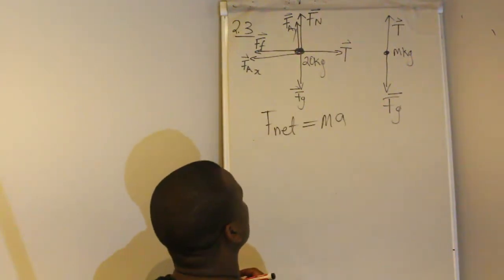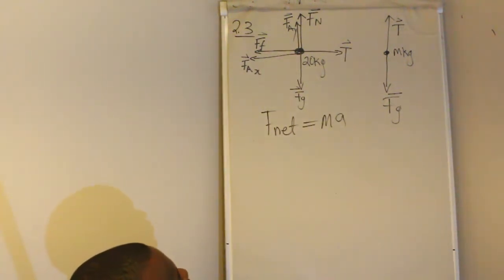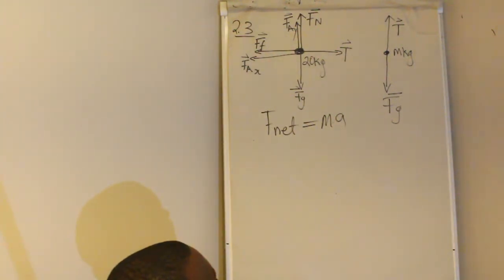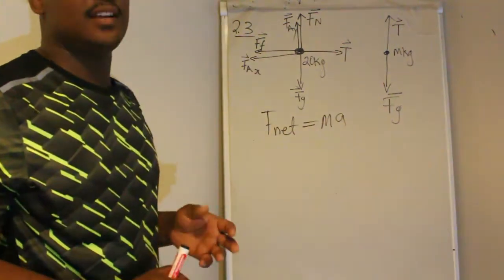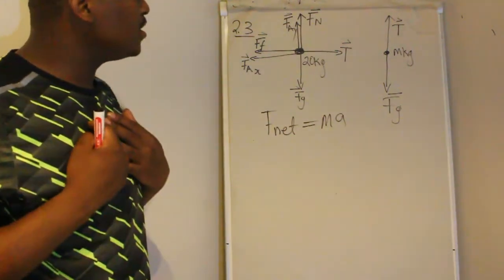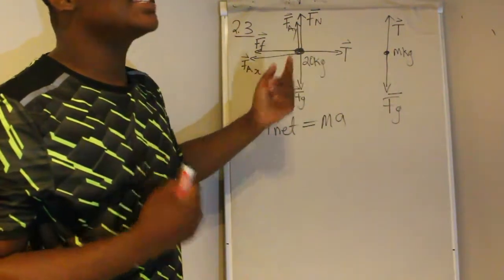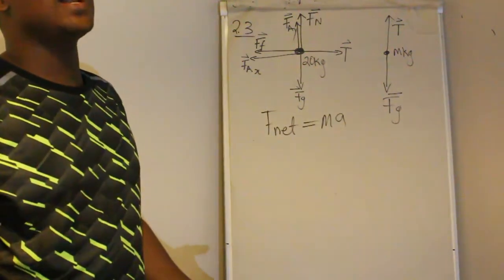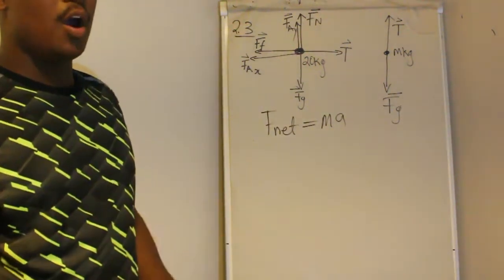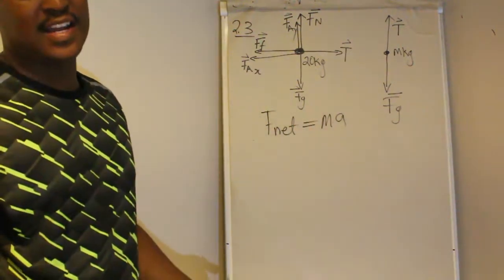So now, when you do this, you have to decide with the signs. What I always do is assume the direction in which the system is going as positive, and then all forces that are operating in the opposite direction of the motion of the system, I take as negative.